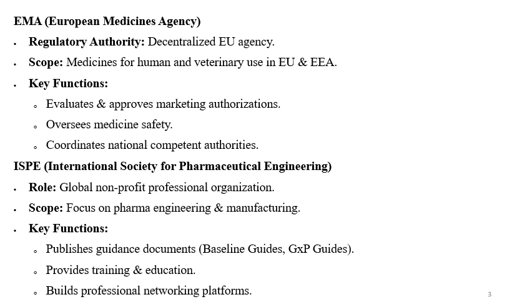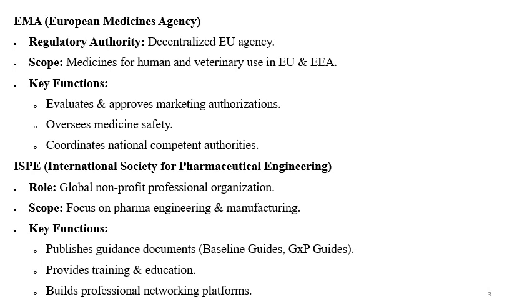Now come to the ISPE. It is not specific to any country or region. It is a global organization. ISPE is the International Society for Pharmaceutical Engineering, and its role is a global non-profit professional organization.